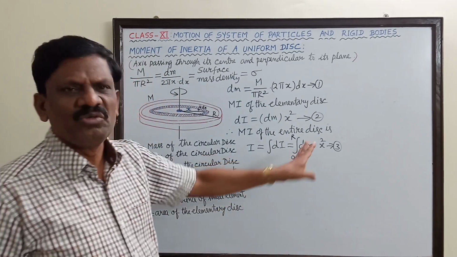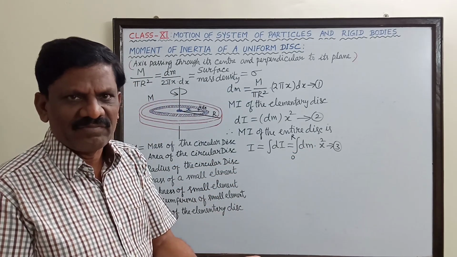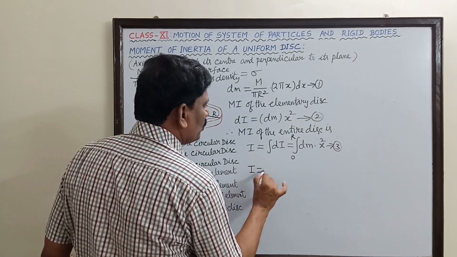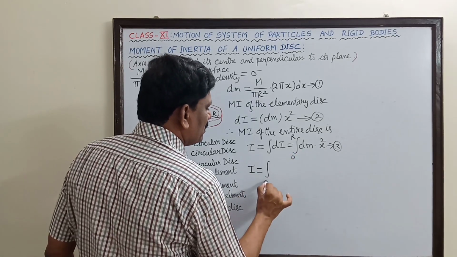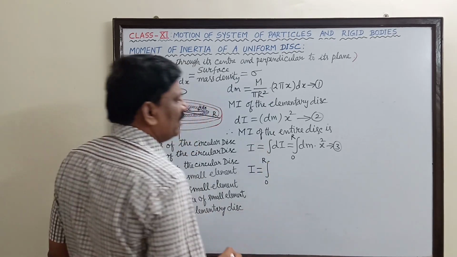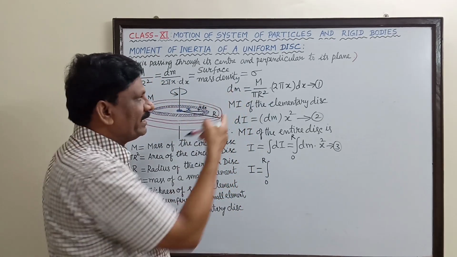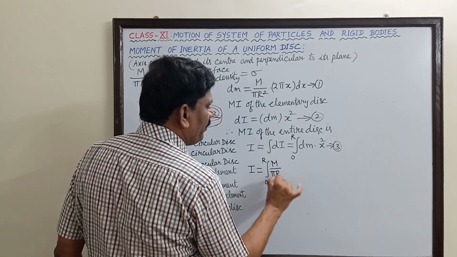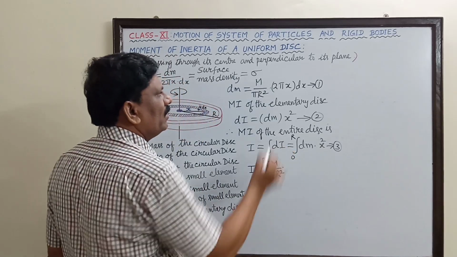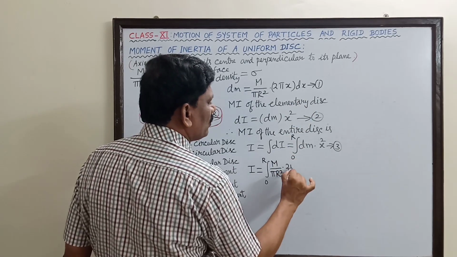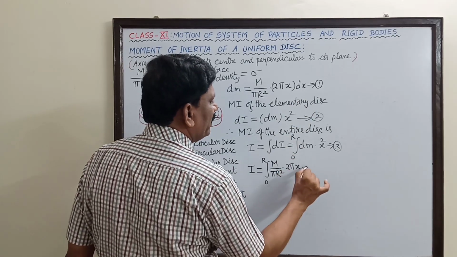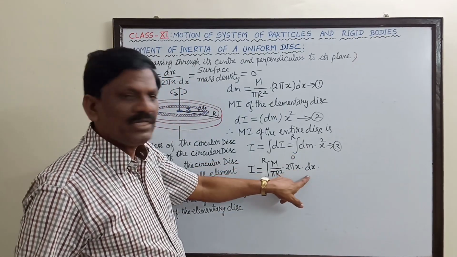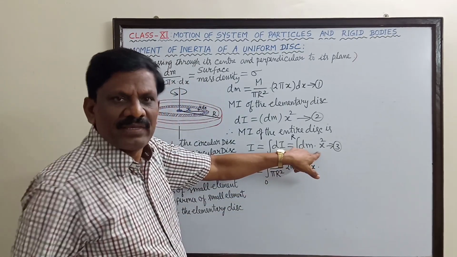Now, just substitute for dm and integrate for the variable x. So, I is now equal to the integral from 0 to R. Instead of dm, what shall I write now? M divided by pi R square into 2 pi x into dx. Only for dm I have substituted. What else is there? x square is there.